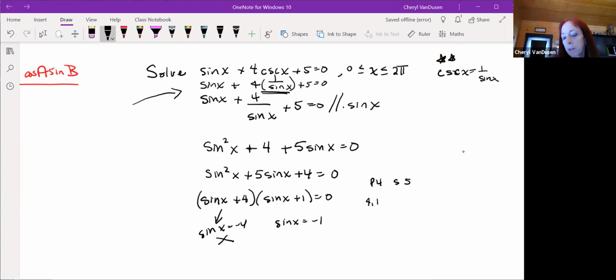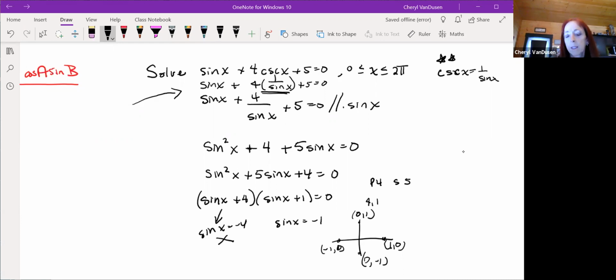So then now it depends on how you want to find sine x equal to -1. You can use your calculator if you want to go second function sine. My thought is I always think, okay, as soon as I get 0 minus 1, it's got to be something to do with the unit circle on these axes system. So I quickly jot down 1, 0, 0, 1, minus 1, 0, and 0 minus 1.